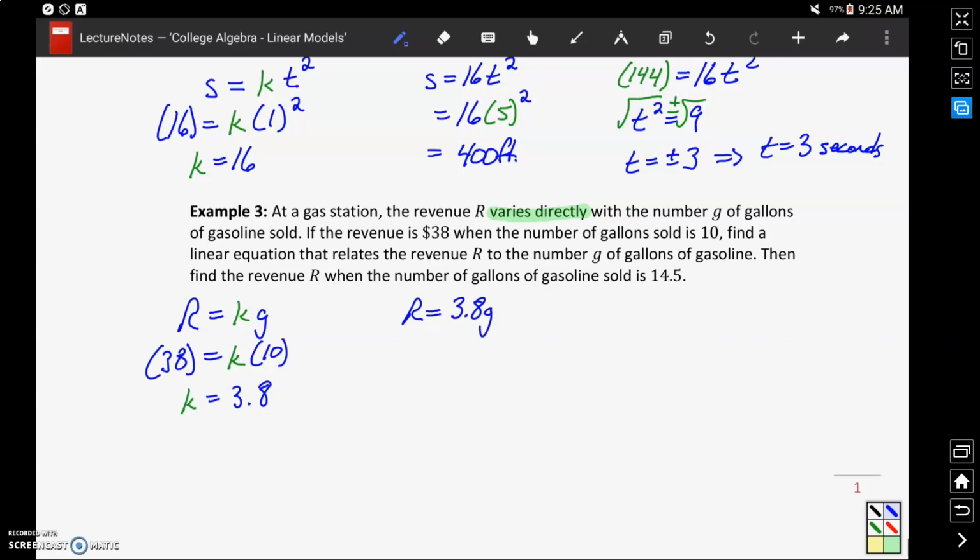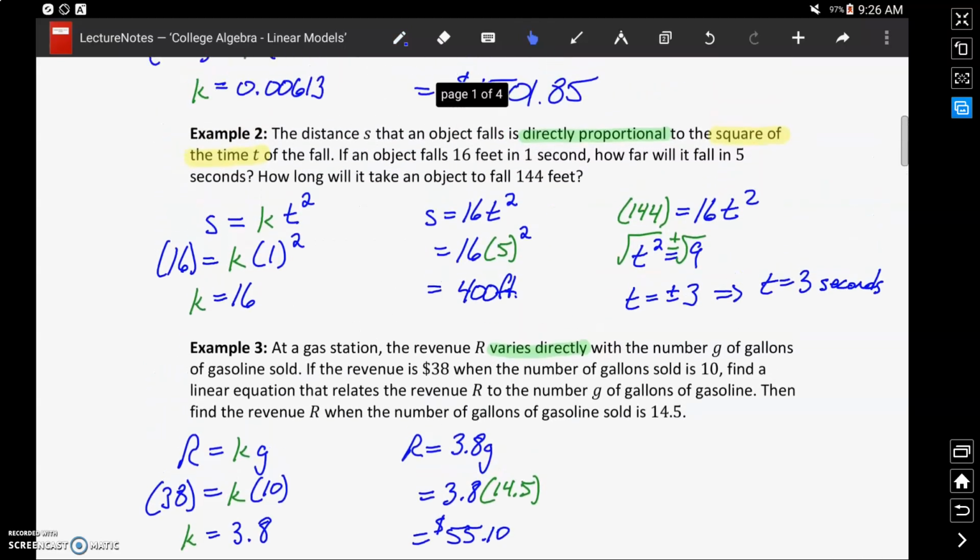So in this case, we again have a linear model describing this situation. Then we want to find the revenue R when the number of gallons of gasoline sold is 14.5. So again, we would substitute in that value for G, to get a revenue of $55.10.